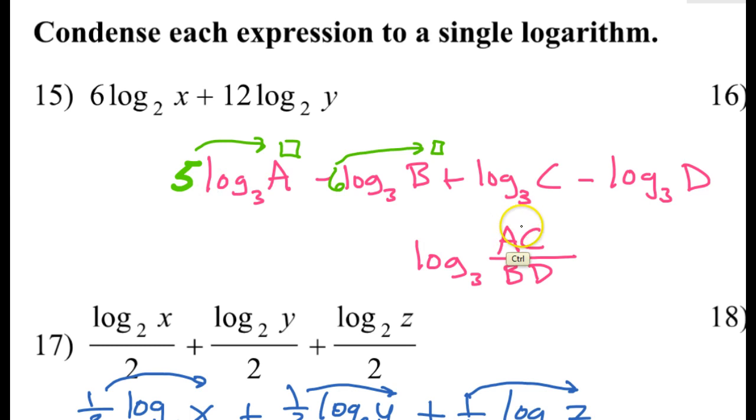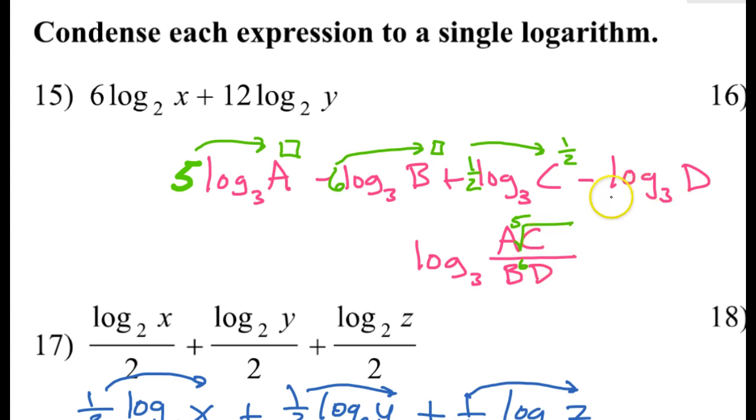So that will make this a to the 5th power and b to the 6th power. If I have a 1/2, that will also become an exponent. That's going to become the 1/2 power. But the 1/2 power is the same as the square root, so that would be the square root of C.